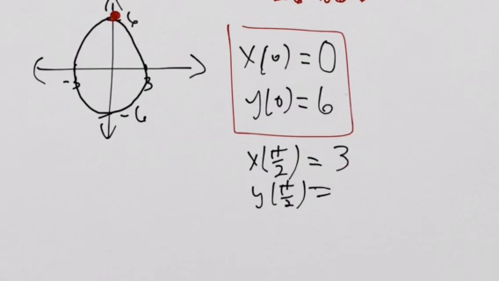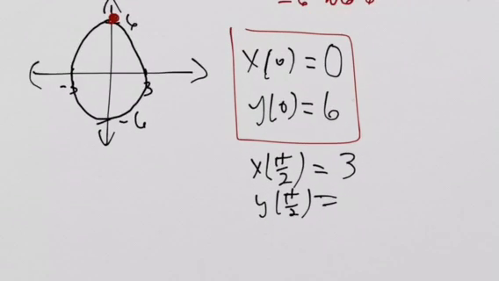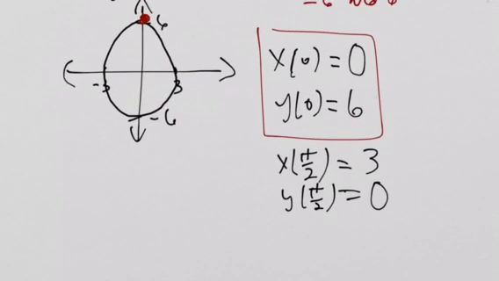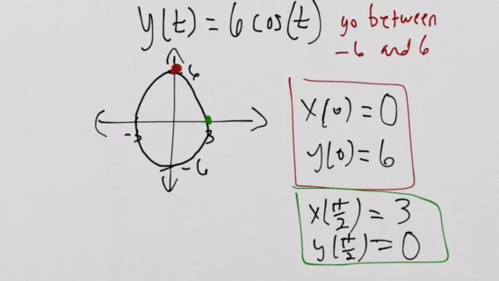And then cosine of pi over 2 is actually 0, right? That is where we're pointing straight up, so the x value of the unit circle is 0. So cosine of pi over 2 is 0 times 6 is still 0. So we're now at the point x equals 3, y equals 0, which is down here. So we have moved from here to here, which means that we must be going this direction. Okay, so we are going clockwise as this object moves in the elliptical path.